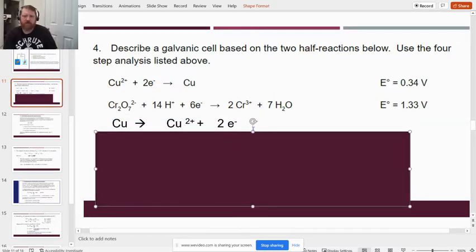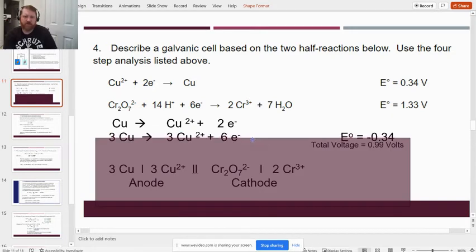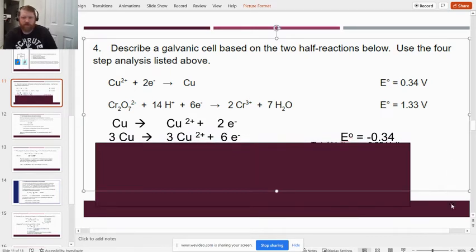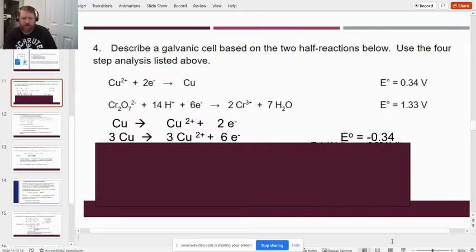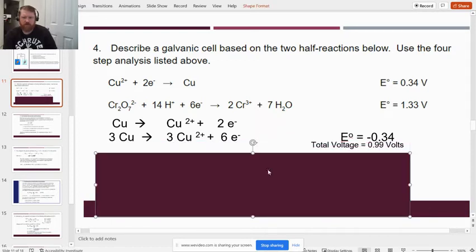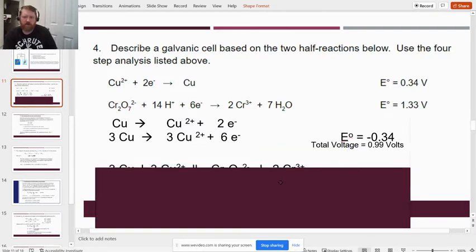And then I realized I need to have 6 electrons, so I'm going to triple that. However, when you triple it, it doesn't have any impact on the voltage. It's still 0.34. It's just negative because we flipped it. Then the total voltage is the two values added together. A negative 0.34 and 1.33 is 0.99.